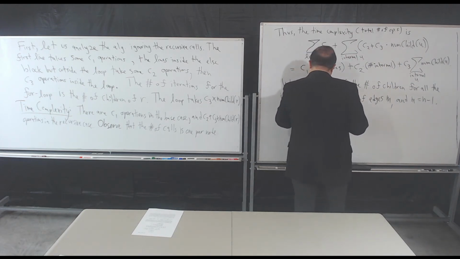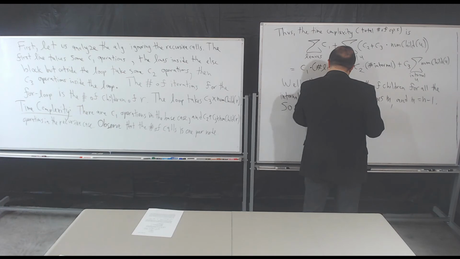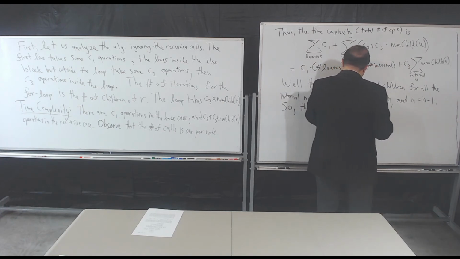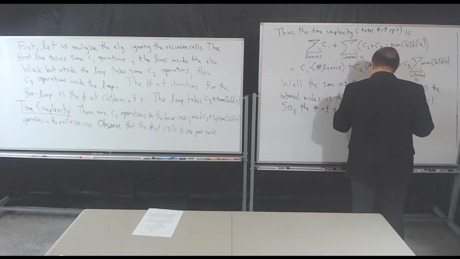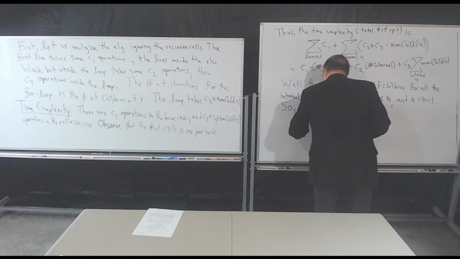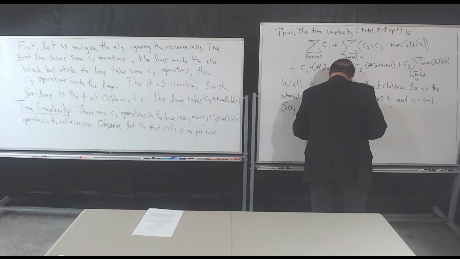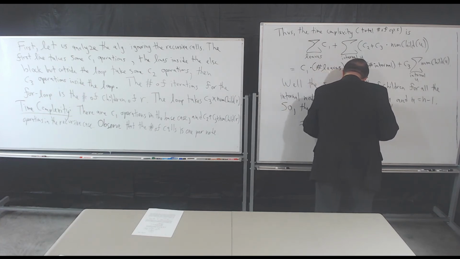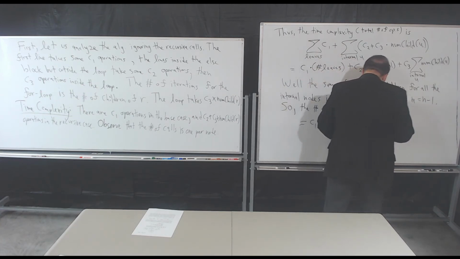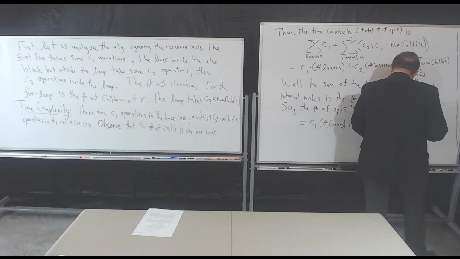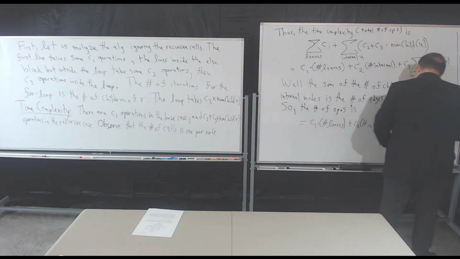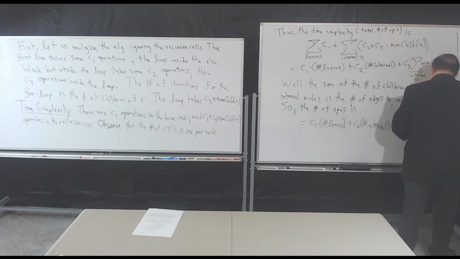So the number of operations, or ops, is equal to C1 times the number of leaves plus C2 times the number of internal nodes, plus C3 times n minus 1.